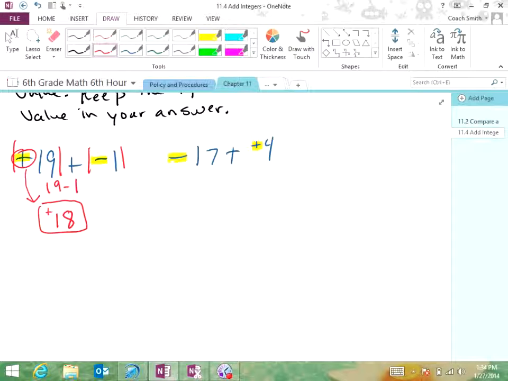She's talking about the plus sign in the middle. That's an addition sign, but because it's a positive and a negative, I have to take the absolute value. The absolute value of 19 is 19. The absolute value of negative 1 is 1, and I've got to subtract those two, and that's why it's 18. You subtract them because it's a positive and a negative.